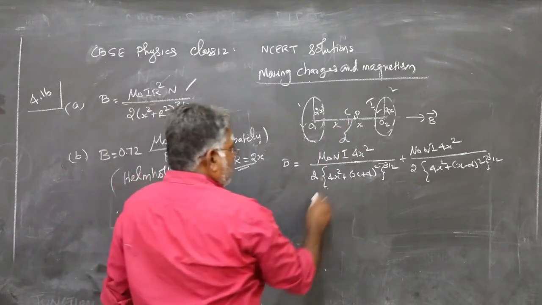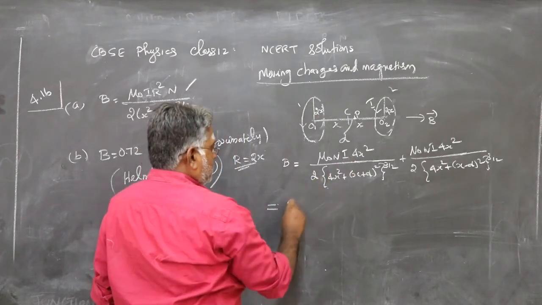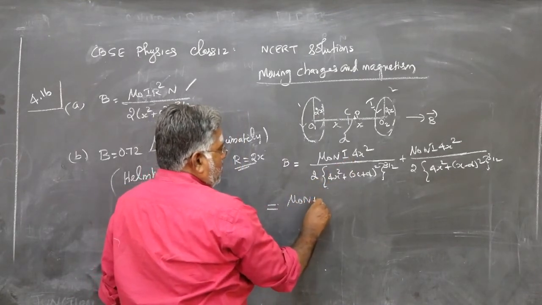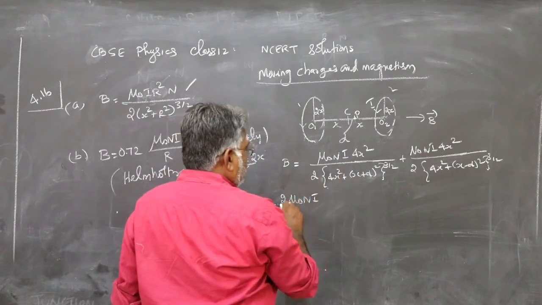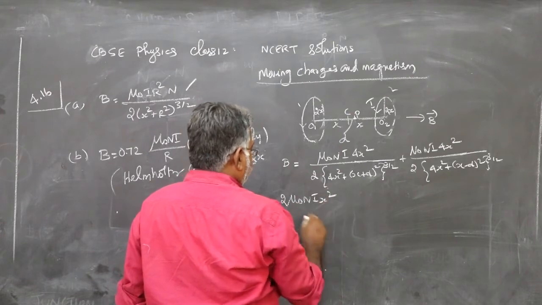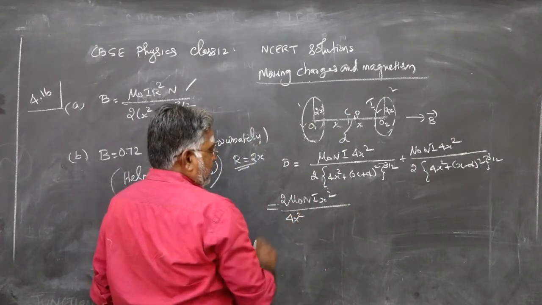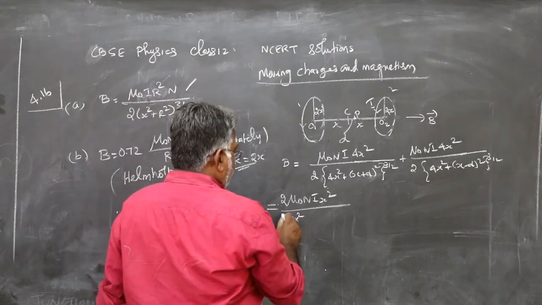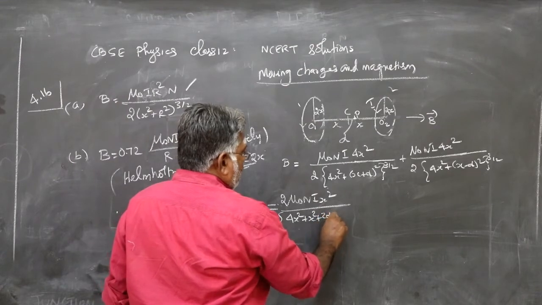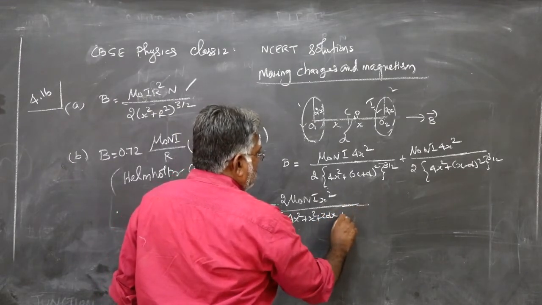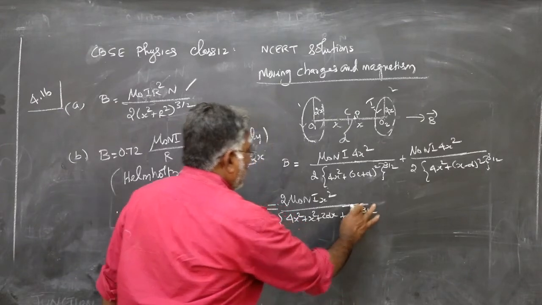See how to do that. Of course, 4 and 2. So mu naught Ni, to this side I write x square by 4x square, plus x square plus 2 dx plus d square power 3 by 2.